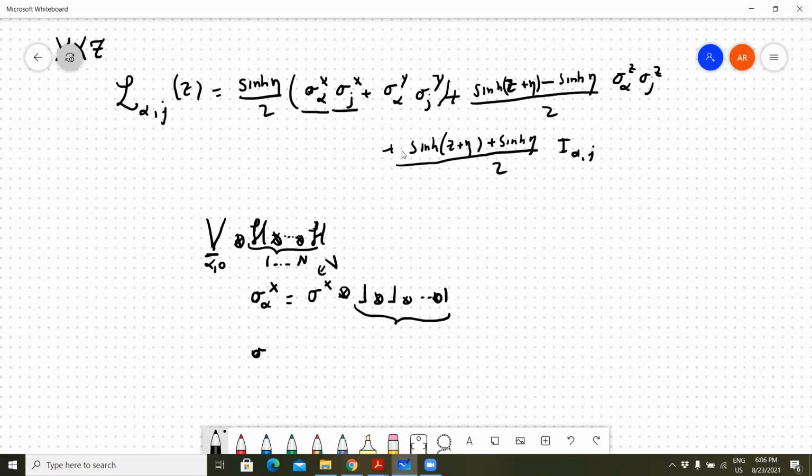Okay, so if we want to do this, we have identity on the 0, on the alpha 1, identity on the 1, and then sigma on the 2, and then the rest is identity.